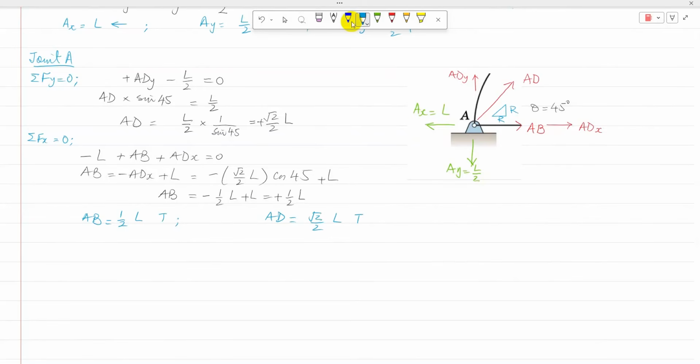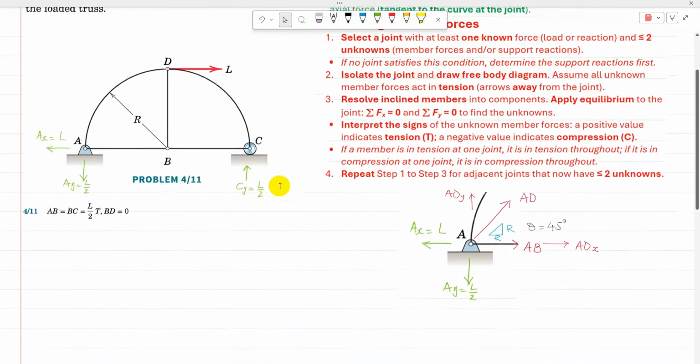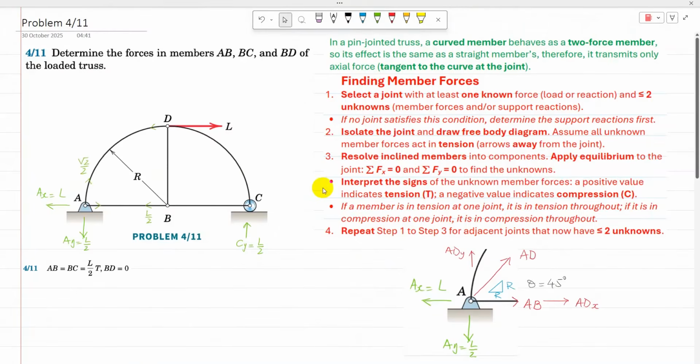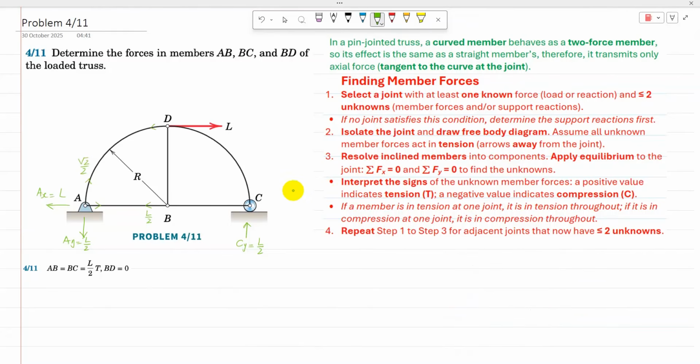I'm going to show that on the truss. Now AB is in tension with L over 2 magnitude, and AD is also in tension with root 2 over 2 L in magnitude.